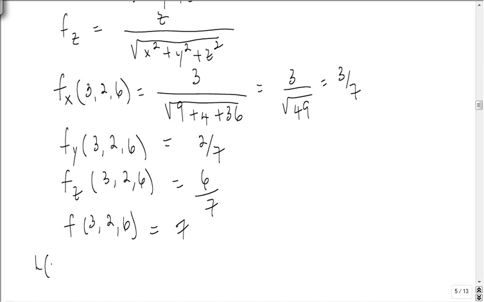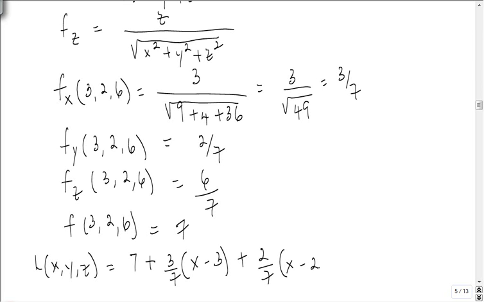So L of x, y, z is equal to 7 plus 3/7 times (x minus 3) plus 2/7 times (y minus 2) plus 6/7 times (z minus 6).